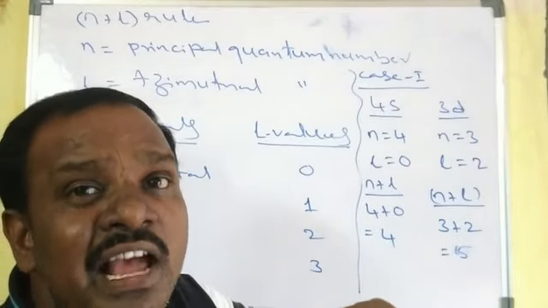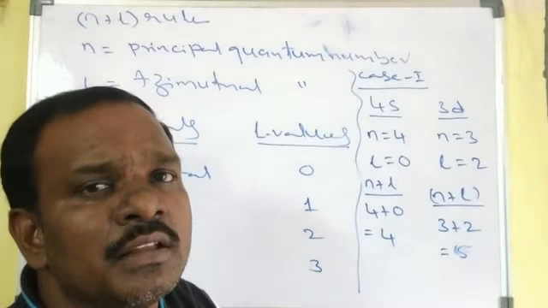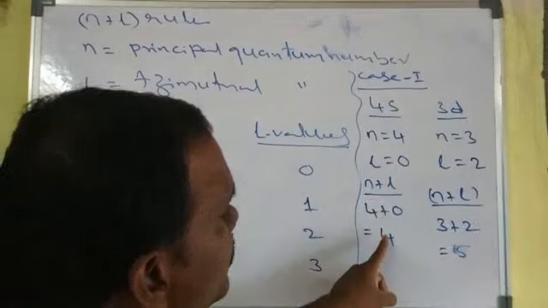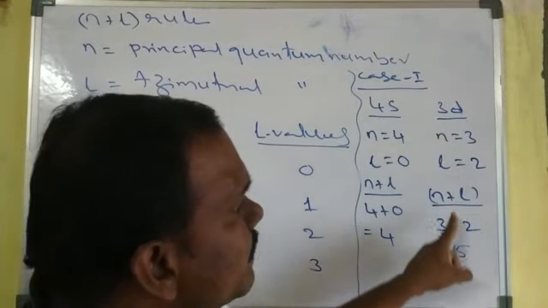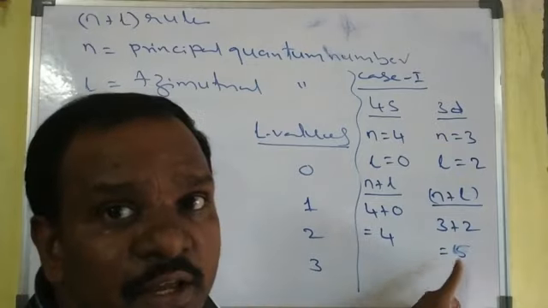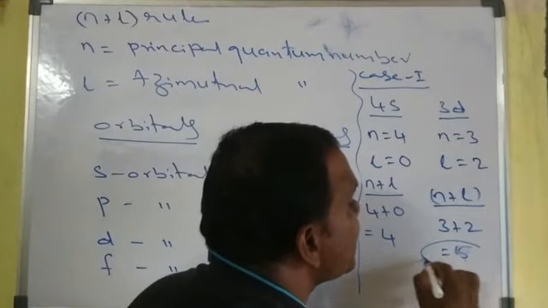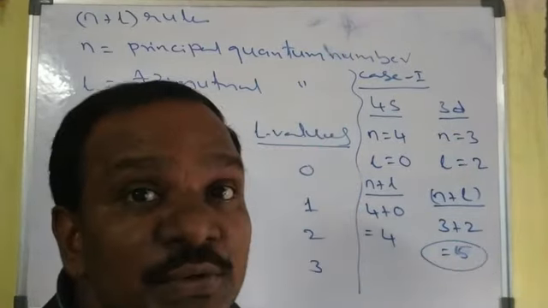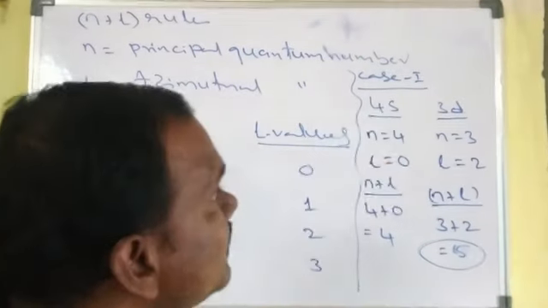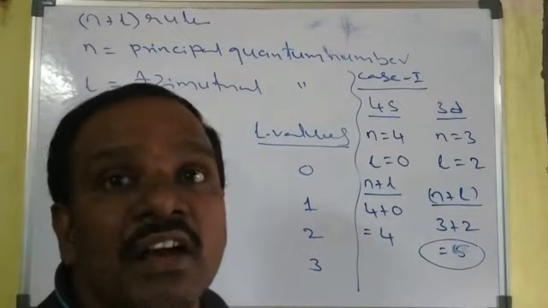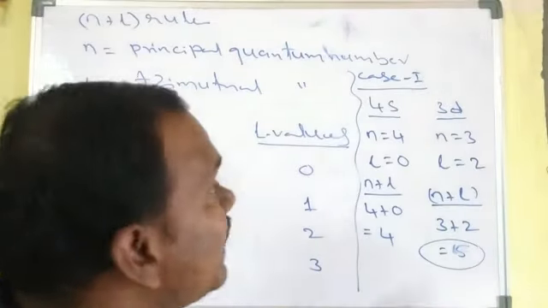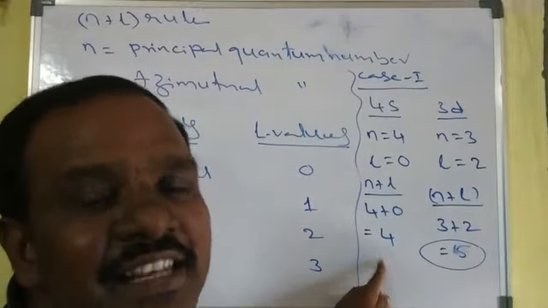Which orbital has more energy now? The sum of n plus l value of 4s is 4. The sum of n plus l value of 3d is 5, which is the higher value. That's why among 4s and 3d, the 3d orbital has more energy and the 4s orbital has less energy.